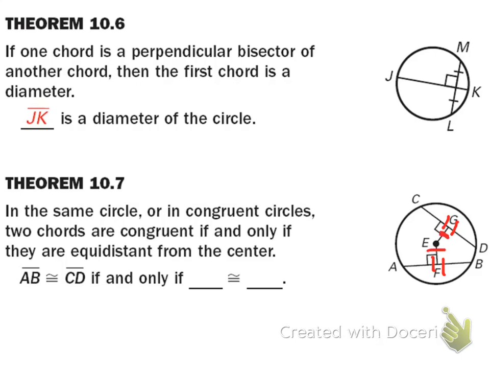Okay? So we can say AB is congruent to CD if and only if, meaning we can go either direction, if and only if EG is congruent to EF.